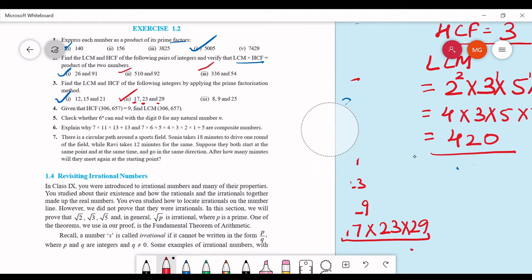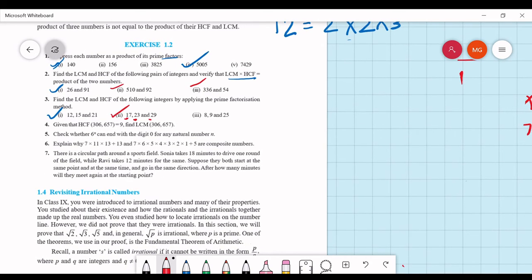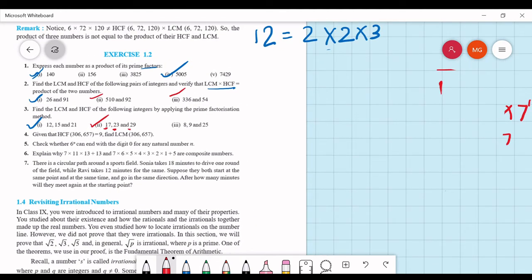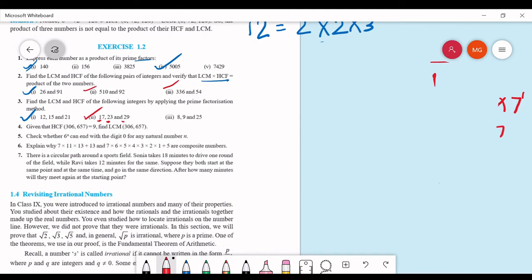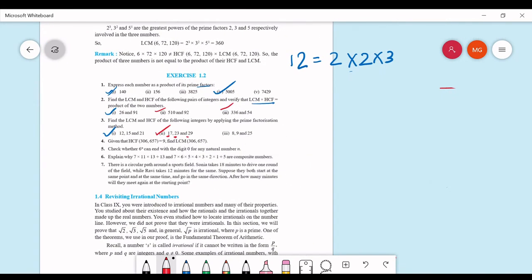Okay, now we'll move on to our next question, that is question number 4. Question number 4 is, given that HCF of 306 and 657 is 9, find the LCM of 306 and 657. So this is very much clear that you will be using your previous formula, the only formula that you have learned so far.